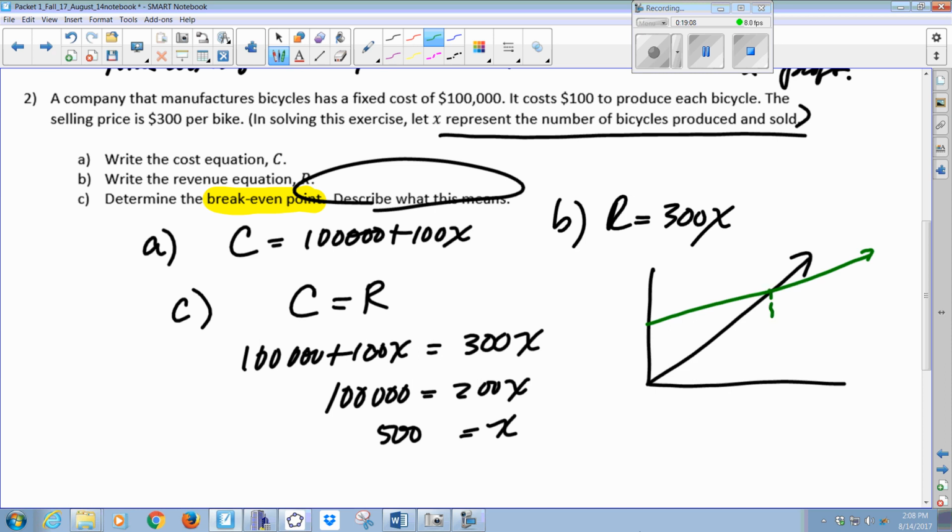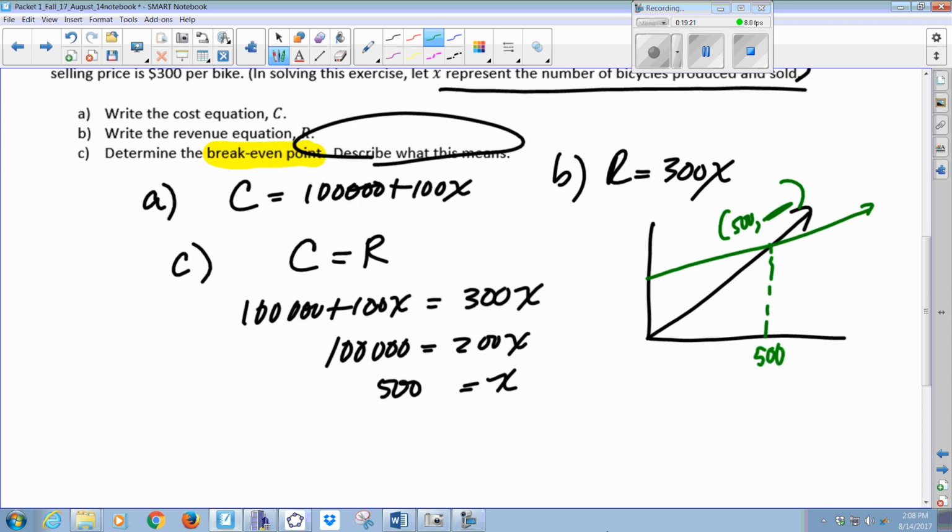So we have found the x coordinate for the number of bikes. We still need to find what the cost and revenue are at that point. So we're almost done. See, by writing the sentence, I realized I hadn't finished answering the question. And anytime you study something new, that's the purpose that we ask you to write the sentence, so that if you did forget the other part, that helps you to remember.